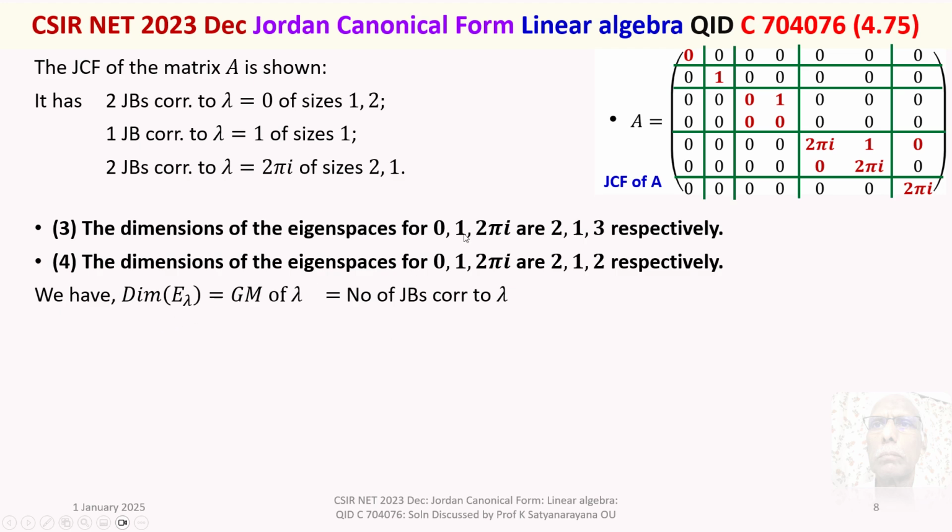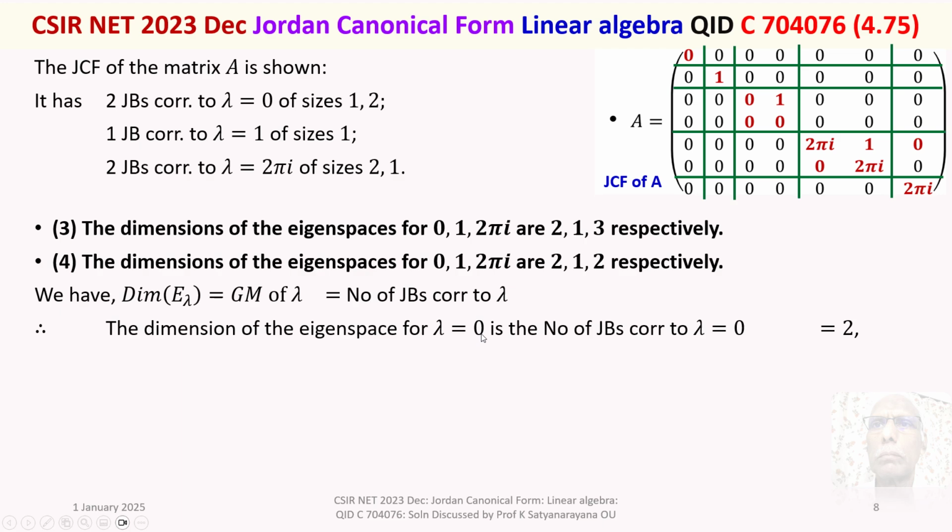So the dimension of the eigenspace corresponding to lambda is equal to 0 is equal to the number of Jordan blocks corresponding to lambda is equal to 0. The number of Jordan blocks is 2.